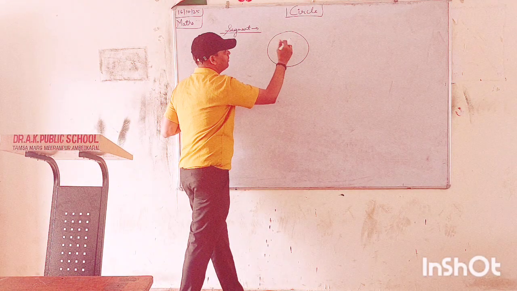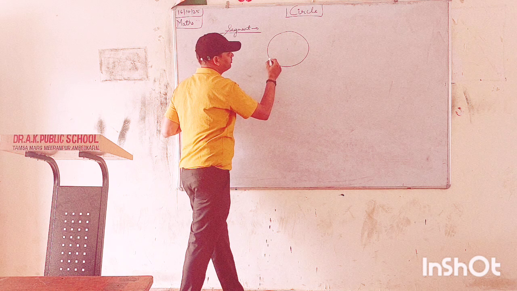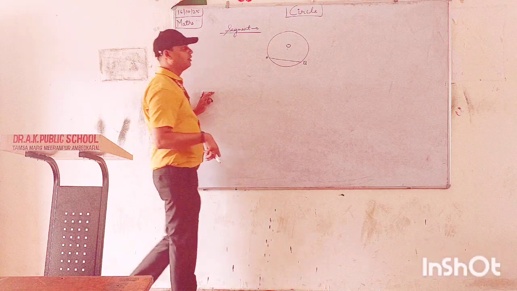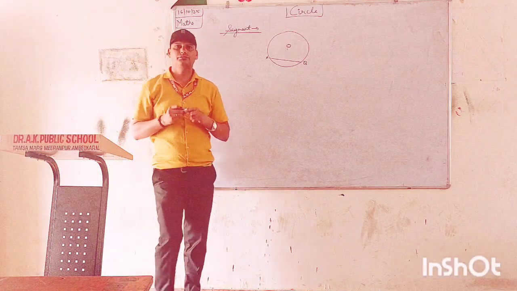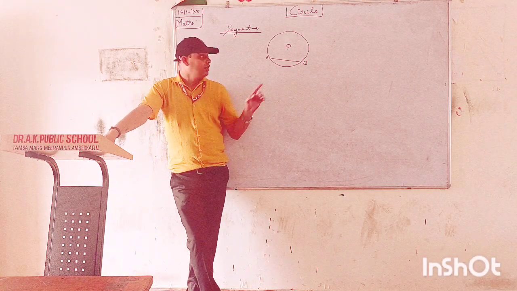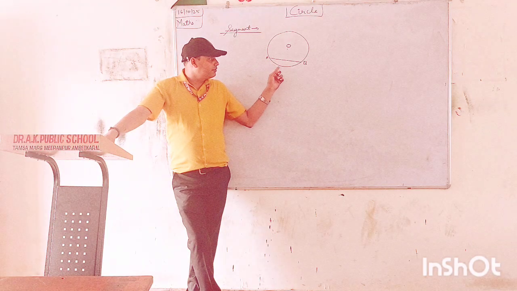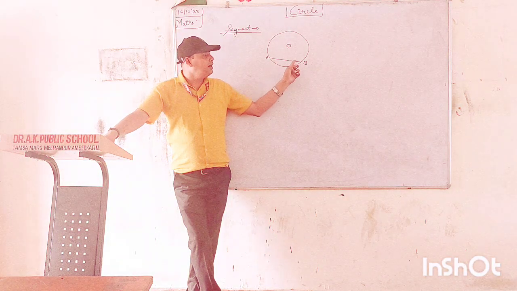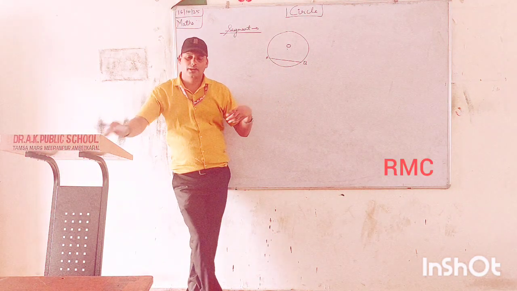If we draw a diagram, if we draw a chord, listen. This is the R, right? This is the R. This is the chord, right?